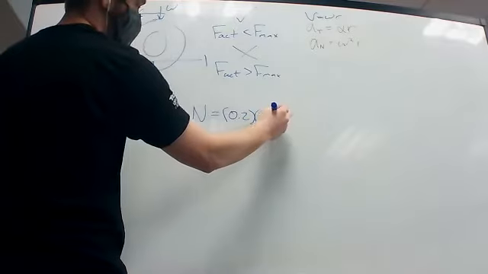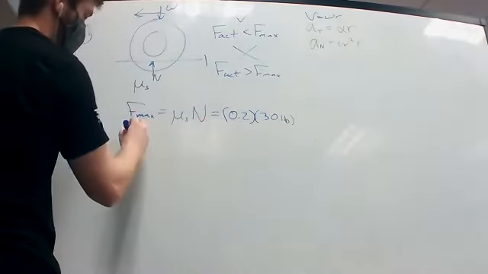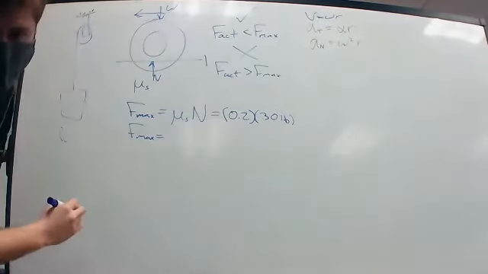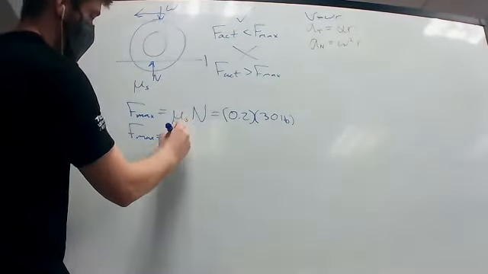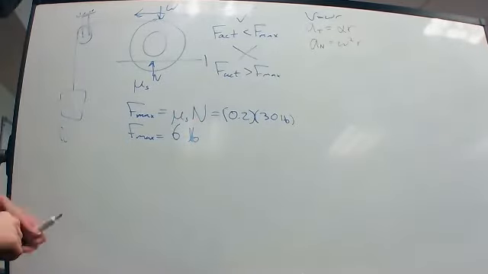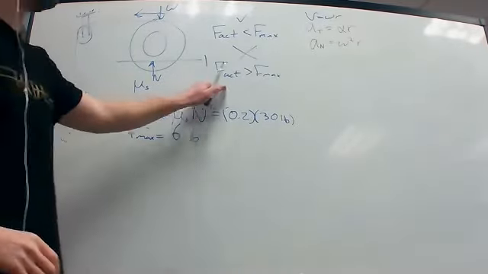So this was 30 pounds. So the F max was found to be 6 pounds. So now that we know F max, we need to find our F actual.